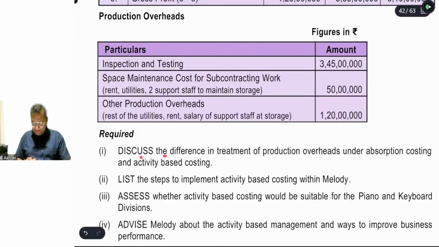Discuss the difference in treatment of production overhead. सिर्फ और सिर्फ आपको यहाँ पे प्रोडक्शन ओवरहेड की बात करना है. अंडर एब्जॉर्प्शन कॉस्टिंग, दैट इज द ट्रेडिशनल मेथड. प्लीज राइट डाउन समवेयर बेटा.